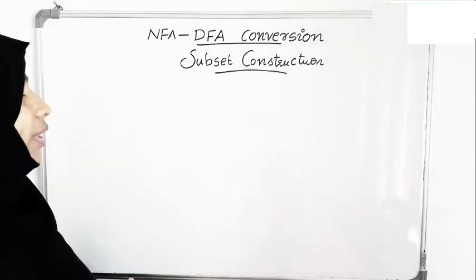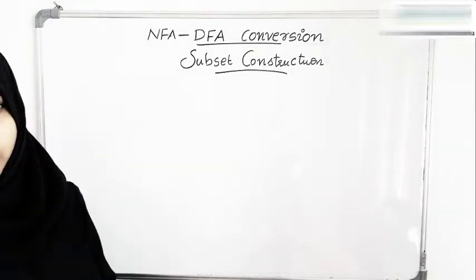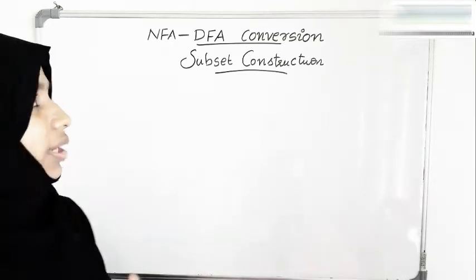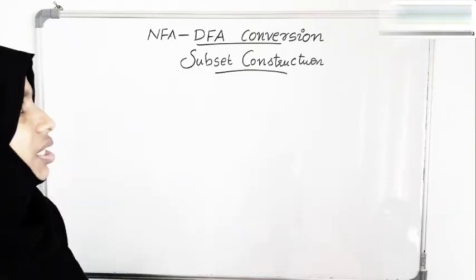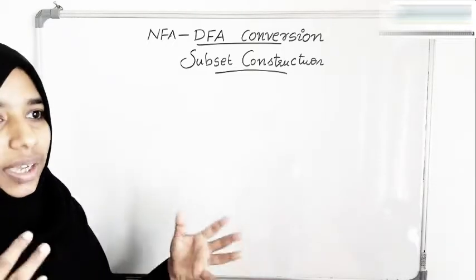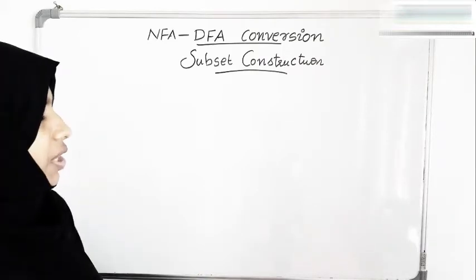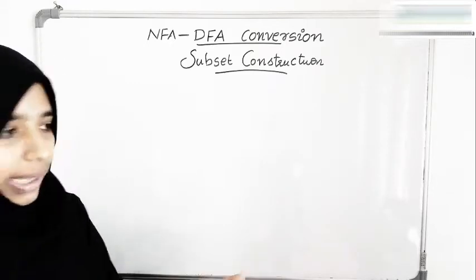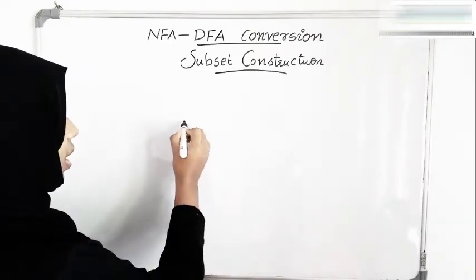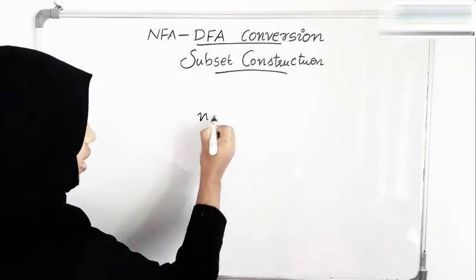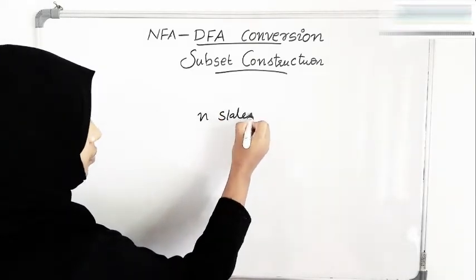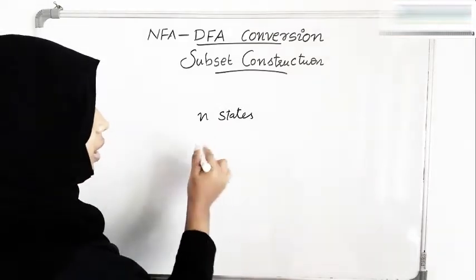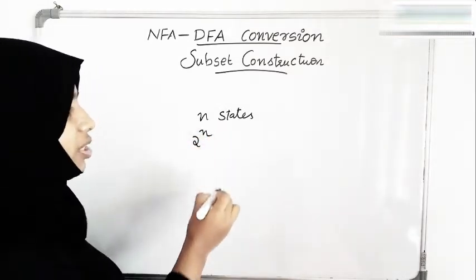In this video we will see how we can convert an NFA into a DFA, that is, a non-deterministic finite automata into a deterministic finite automata. The relevance of this conversion is that NFAs are very easy to draw. If a minimal NFA for some language contains just n states, in the worst case its corresponding DFA can have even 2 raised to n states.